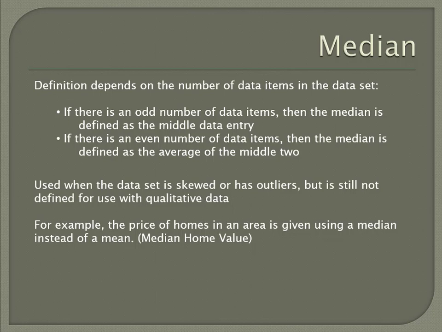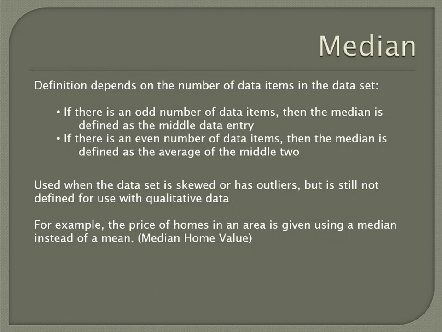So for instance, if Mr. Burns from The Simpsons, an ultra wealthy person, lives on your street and has a multi-million-dollar mansion, but the rest of the homes are just average priced homes.